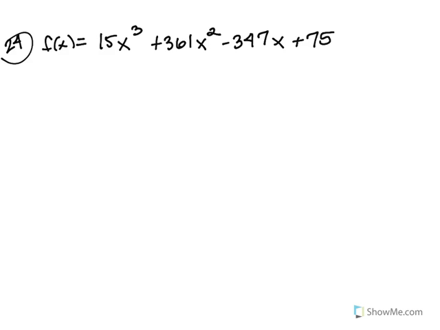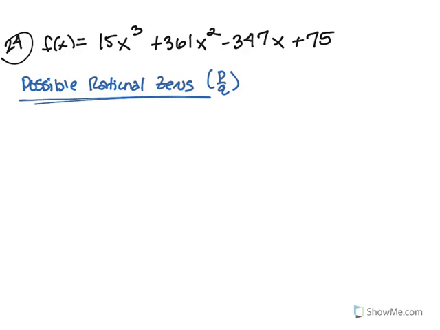So, we did our box of our possible rational zeros. You know, this is what, P over Q? So our P would represent 75 and our Q would represent 15. So our Q would be positive, negative, 1, 3, 5, and 15. I wrote that out of order.